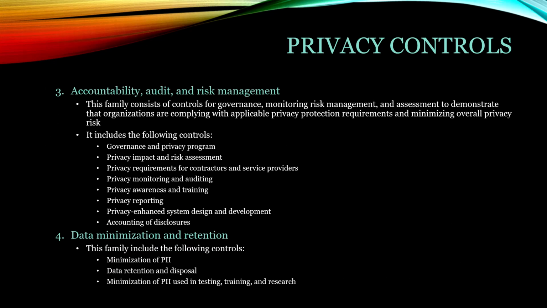Three would be the accountability, audits, and risk management. This family consists of controls for governing, monitoring, risk management, and assessments to demonstrate that organizations are complying with applicable privacy protection requirements and minimizing overall privacy risks.